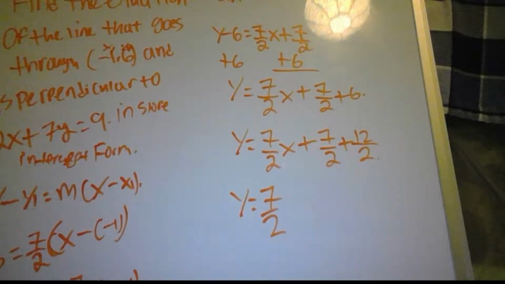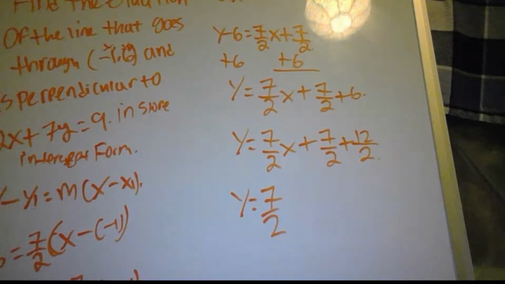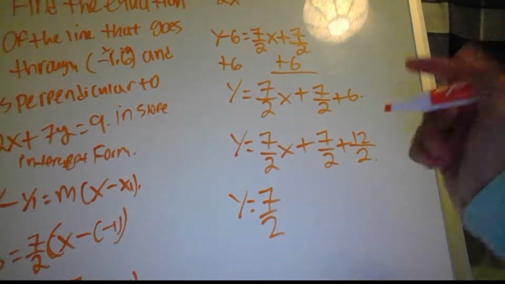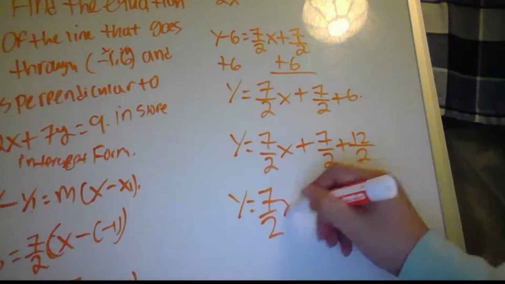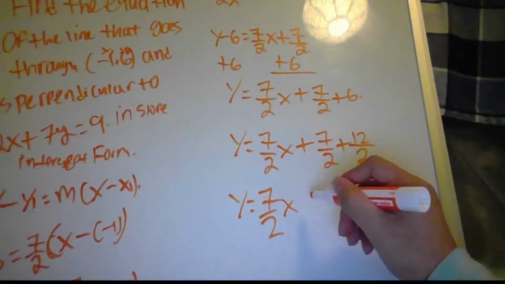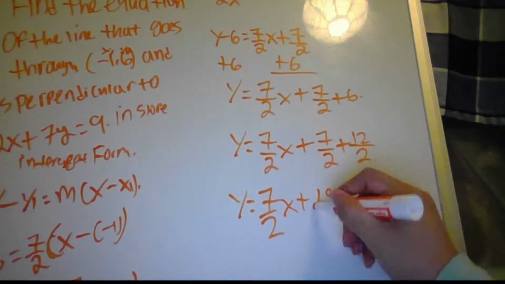Hopefully that's a lot better. It's going to be 7 halves x plus 19 over 2.